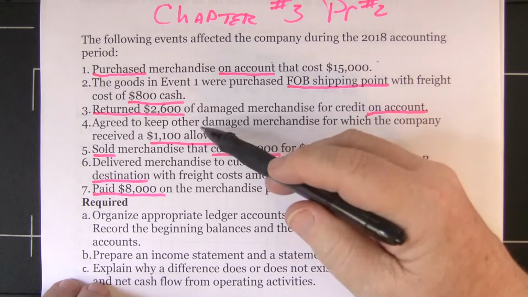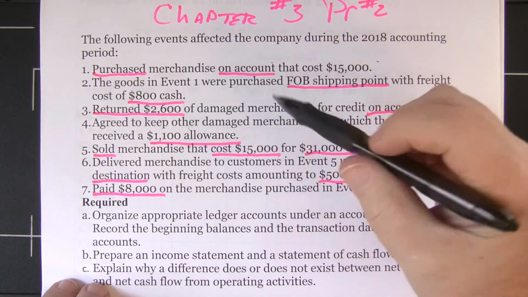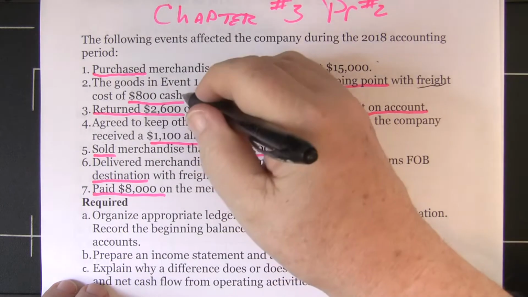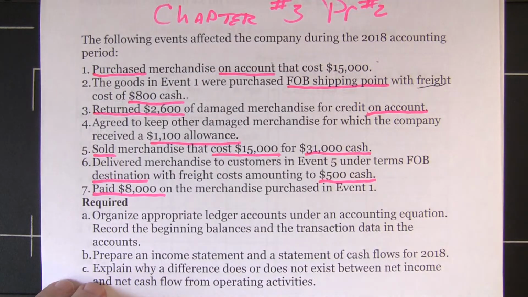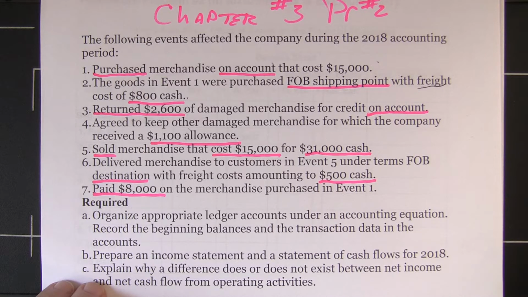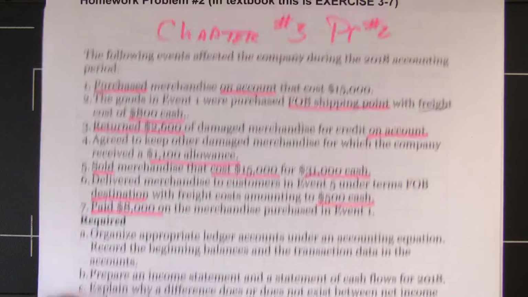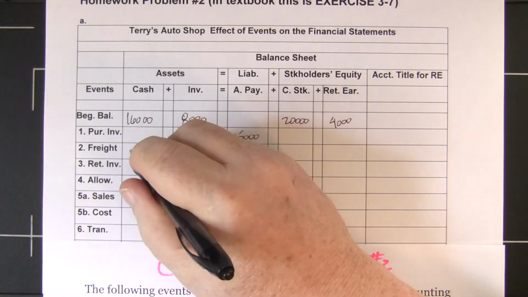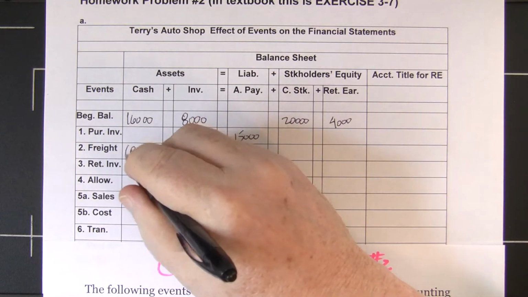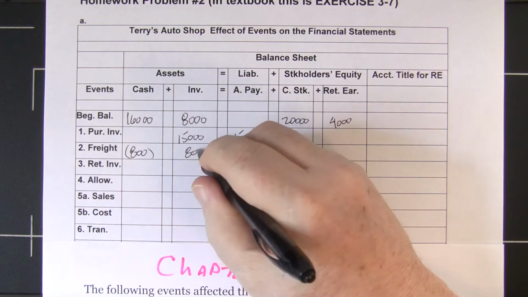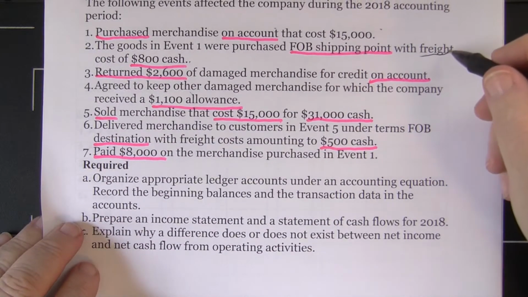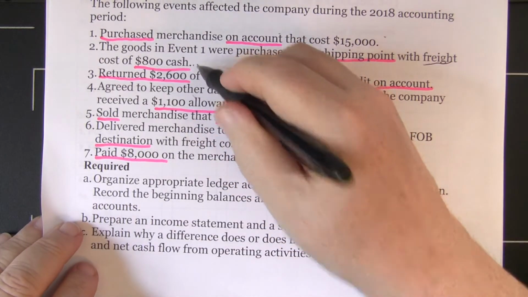We also have this $800 in freight. So that gets added to the inventory. The cost of getting something to the inventory, all the costs needed to get the inventory to its point of purchase are added to the inventory. So we have $800 in cash that goes out, and that gets added to the inventory. And they tell us that freight cost $800 cash.